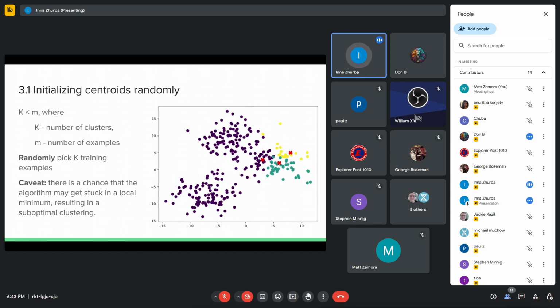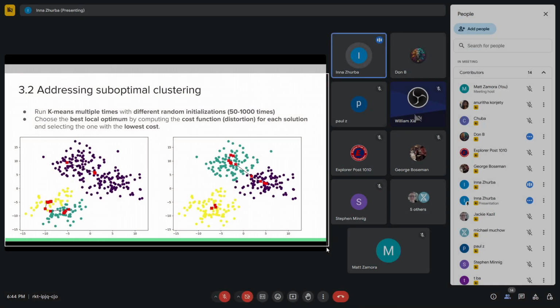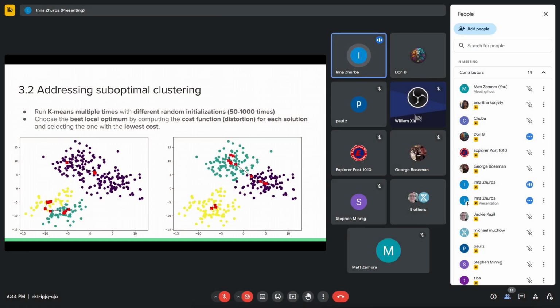We also need to know that there is a chance that the algorithm may get stuck in a local minimum. It depends on the initial points of the centroids, and it can result in suboptimal clustering. But there is a way to minimize this effect, by running the k-means algorithm multiple times, using different random initializations of the points.